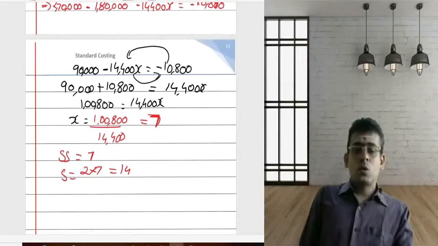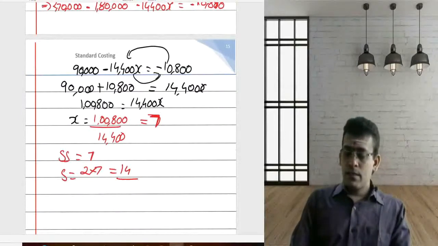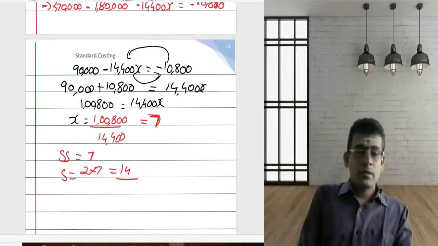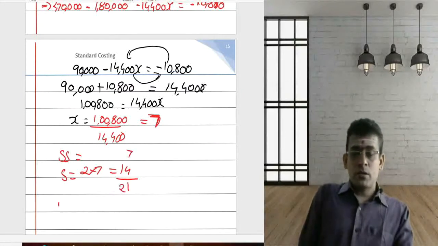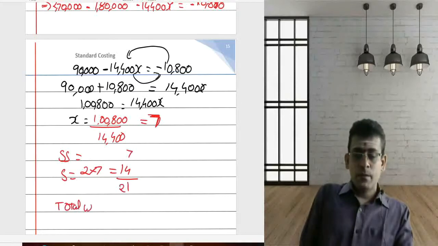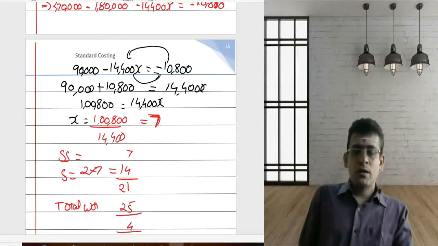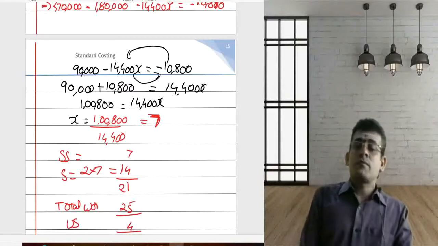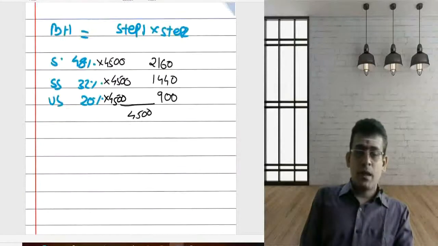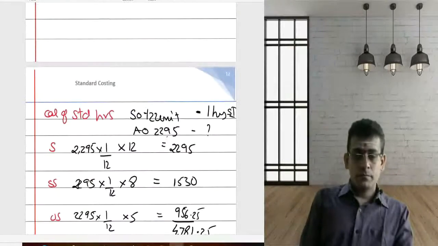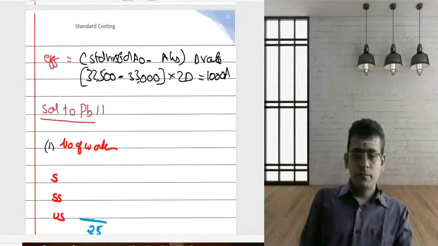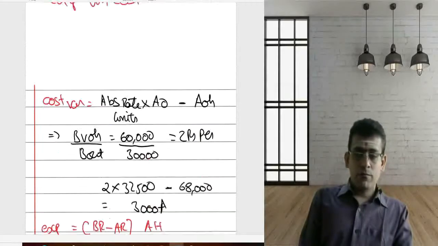Now what is the total of skilled and semi-skilled? 7 plus 14, the total is going to be 21. Total number of workers is 25. Of this 25, 21 is skilled and semi-skilled. So ultimately 4 is the answer. Now you got the answer for your first one. So go to the statement and update there as well. Update here in the statement the number of workers which you have calculated.